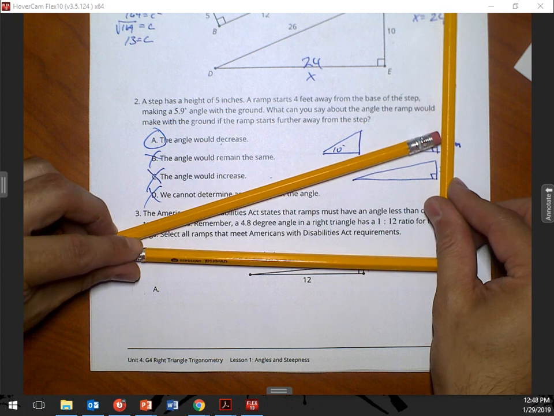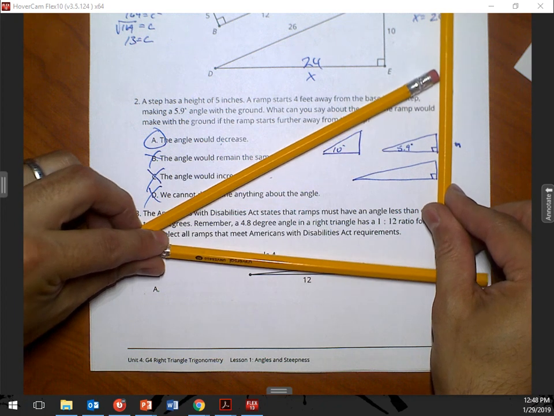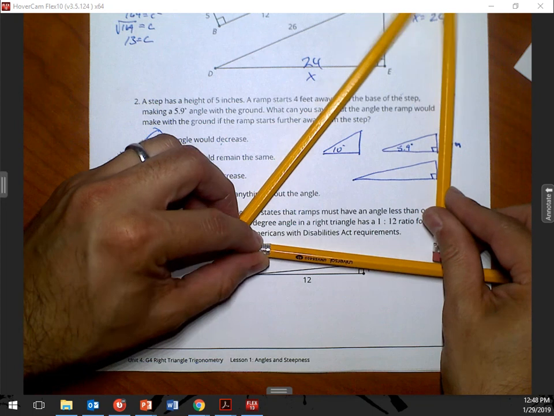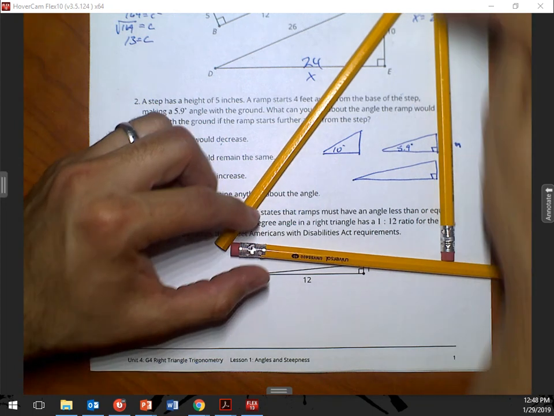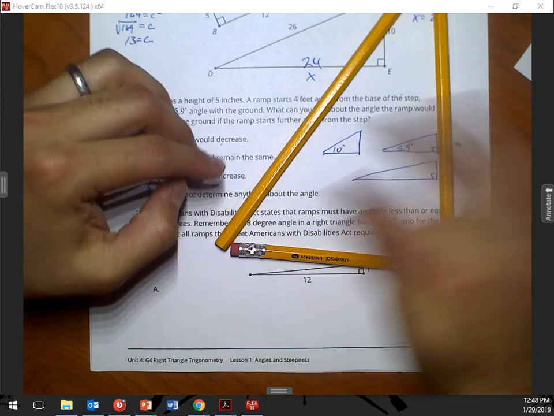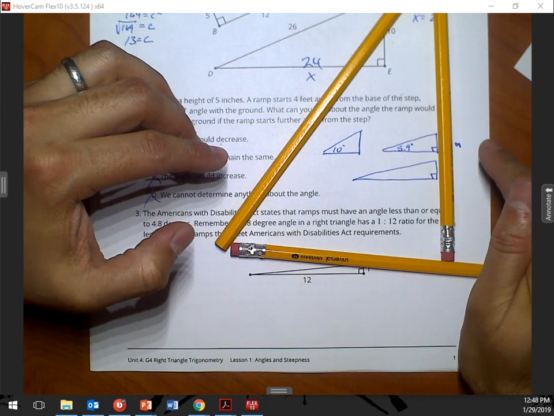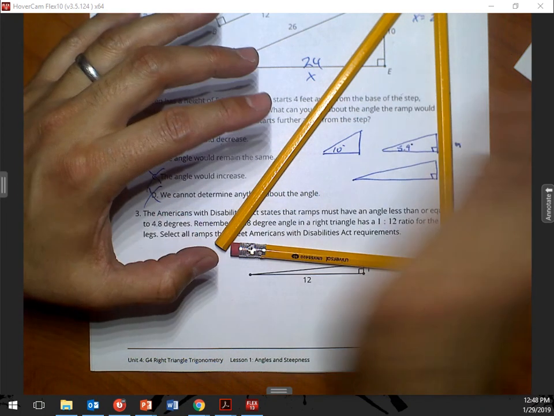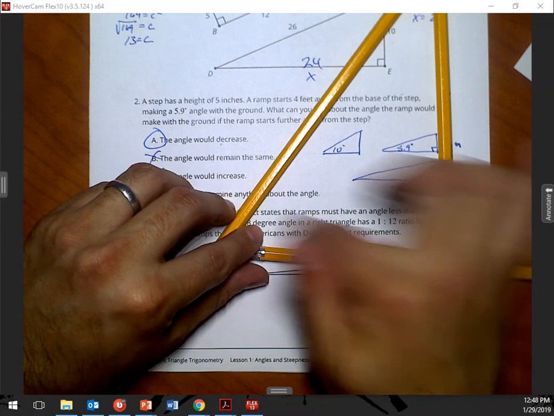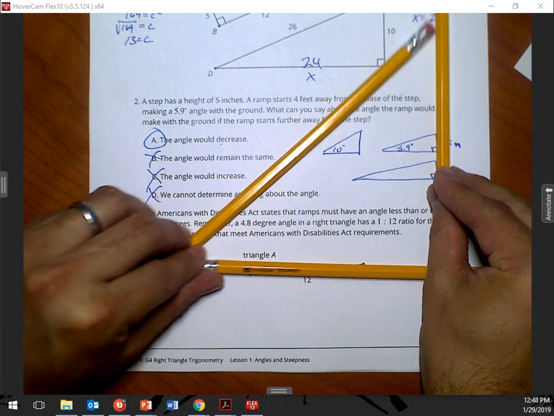It's not sliding very well. As the angle gets bigger, the piece over here also gets bigger, doesn't it? Because it connects over here. So as the angle opposite gets bigger, the side gets bigger. Now I'm going to shrink it. As I shrink the angle, the opposite side gets smaller.